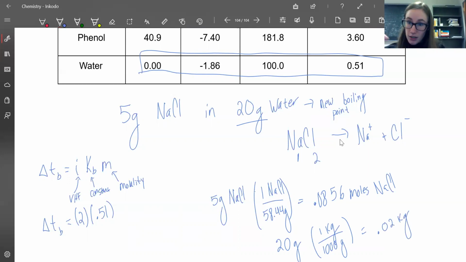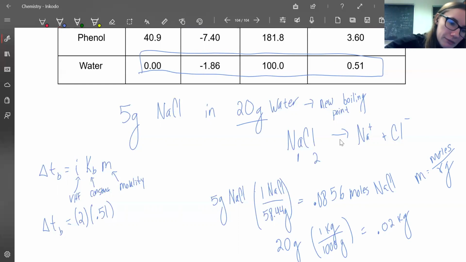We remember from yesterday, molality is equal to moles over kilograms. So my molality is 4.3.